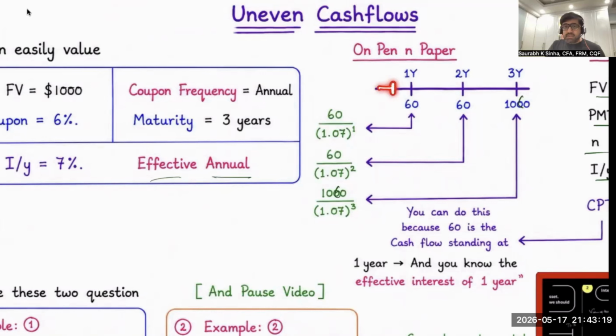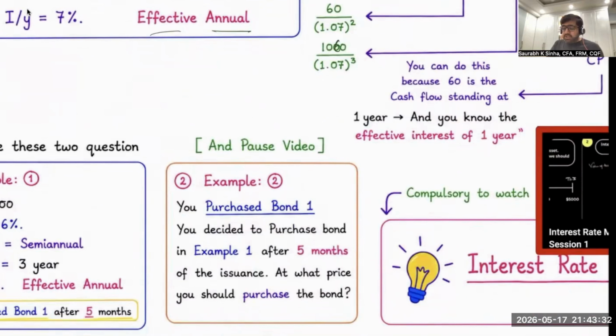If you want to buy at 5 months, what should be the price you're ready to pay? So the question is, you purchase bond one, the same bond, and you decided to purchase the bond after 5 months of the issuance, not at t equal to 0, at t equal to 5 months. At what price should you purchase the bond?